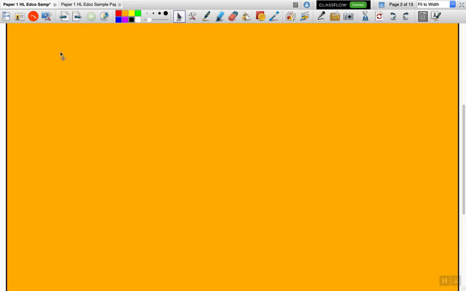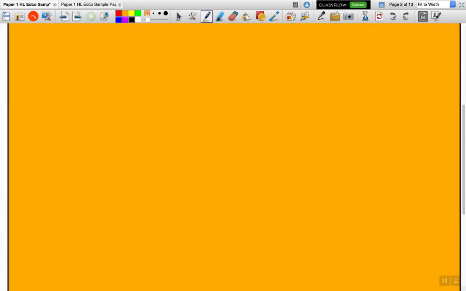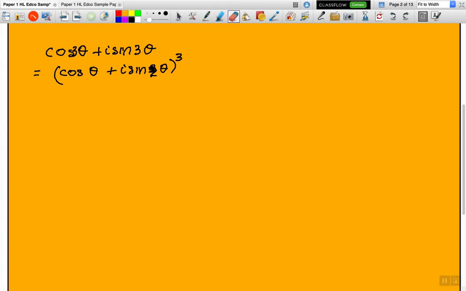If you've got cos 3 theta plus i sine 3 theta, then we know that becomes cos theta plus i sine theta to the power of 3. And then what we do is we're going to expand this.